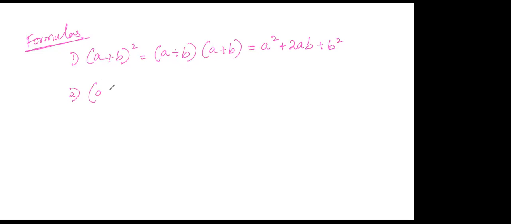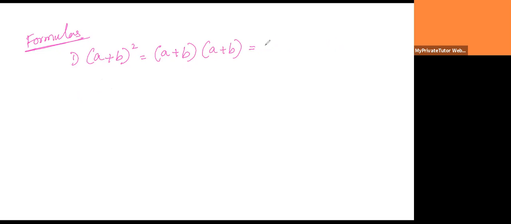No? Okay, so let me explain. I will write the answer first. a square plus b square. See, a plus b whole square, in a sense, what is 5 square? We do 5 times 5, which is 25. Similarly, a plus b whole square is a plus b times a plus b.